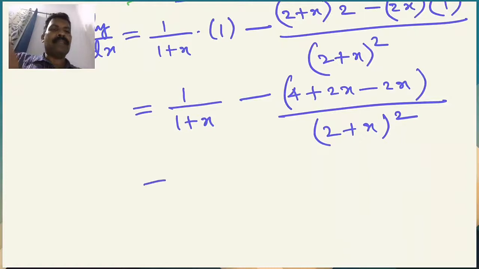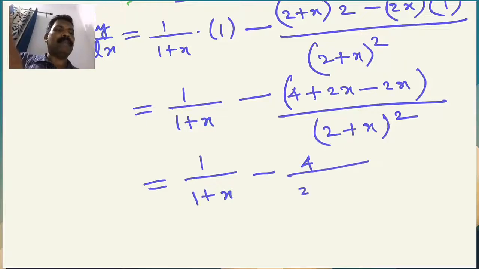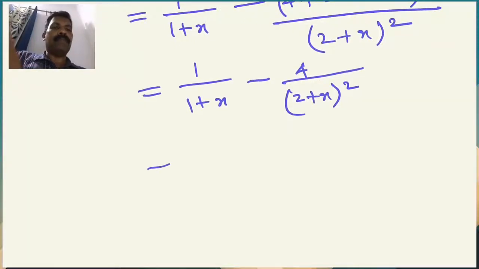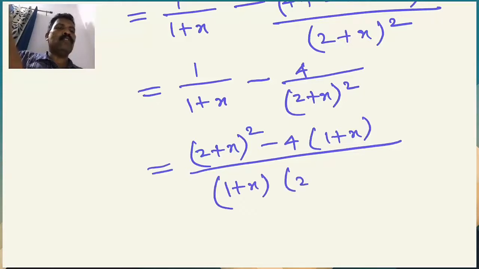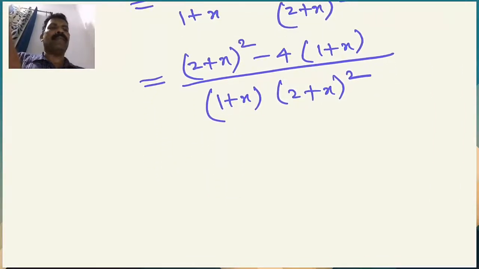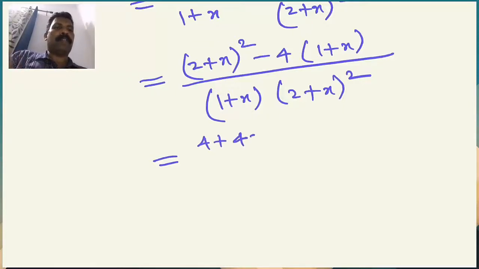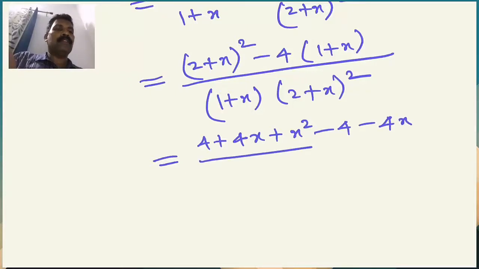Now what will happen? That is equal to 1 by (1 plus x) minus 4 divided by (2 plus x) the whole square. We can make the denominator common, that is (2 plus x) the whole square minus 4 into (1 plus x), the whole divided by (1 plus x) into (2 plus x) the whole square, which can be further simplified as (2 plus x) the whole square means 4 plus 4x plus x square, minus 4 minus 4x, isn't it?